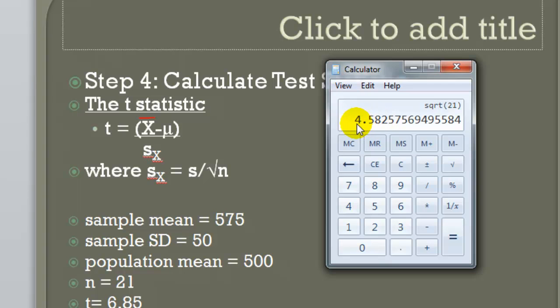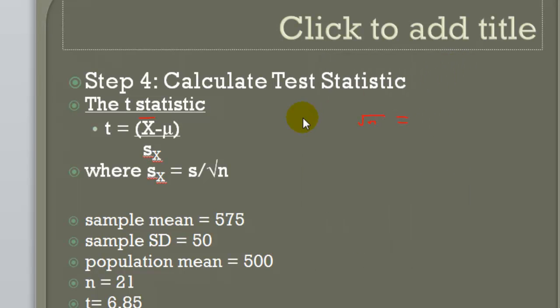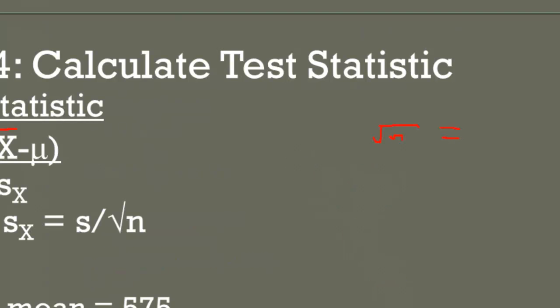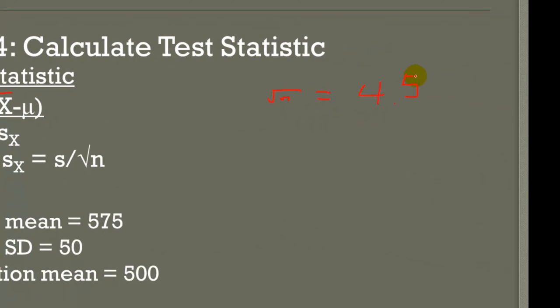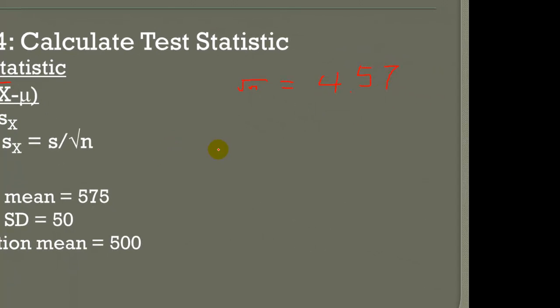Let's round that to two decimals, and we would get 4.58. So we know that the square root of n equals 4.58. The next step is to divide the standard deviation by that number. Our standard deviation here was 50, so 50 divided by 4.58.